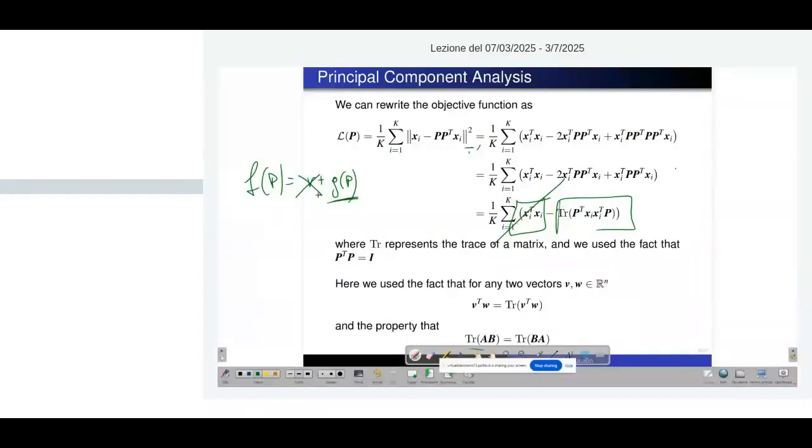I'm looking for the minimum of the function. This is just translating my function. This is F, this is G. They differ by a value V, but that doesn't matter. The minimizer will always be in the same position. So whenever I have additive terms that do not depend on the parameters, I can just throw them away.